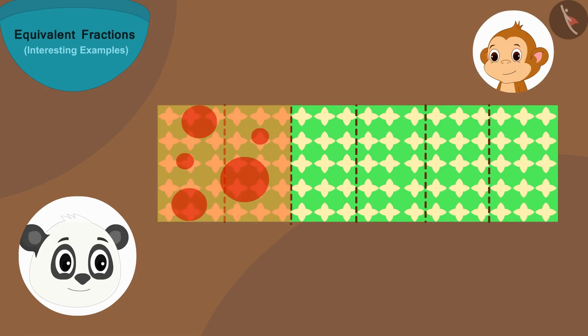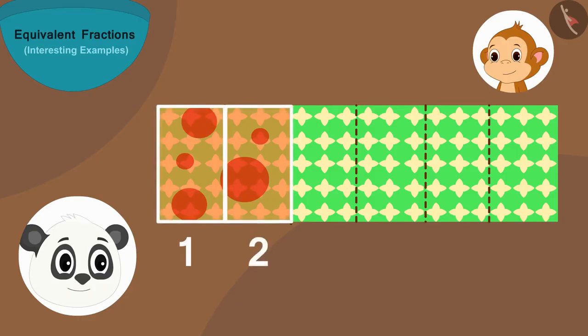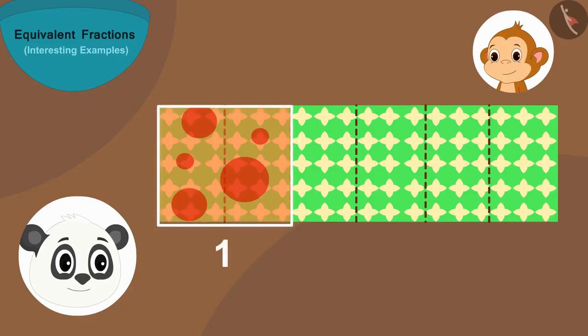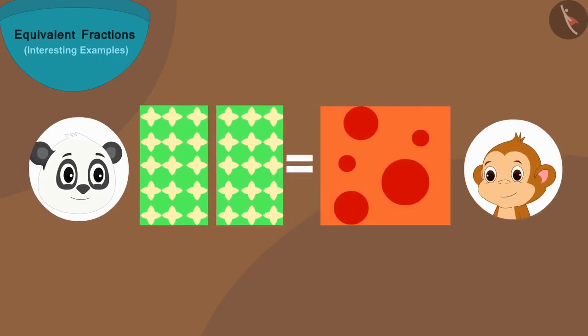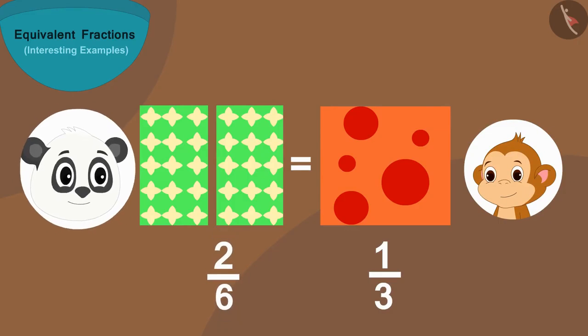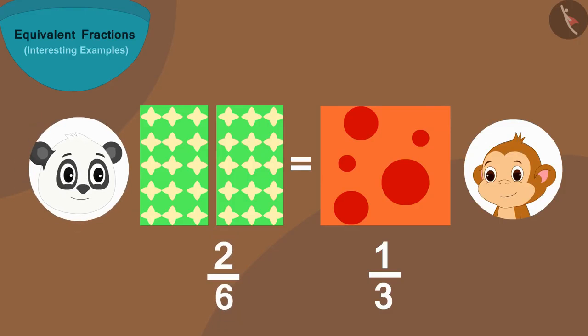Now he sees that 2 parts of his cloth are equal to 1 part of Babban's cloth. Do you think the same? This means 1/3 part of Babban's cloth and 2/6 part of Golu's cloth are equal.